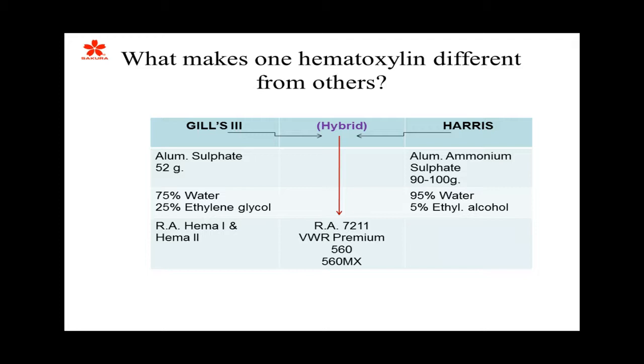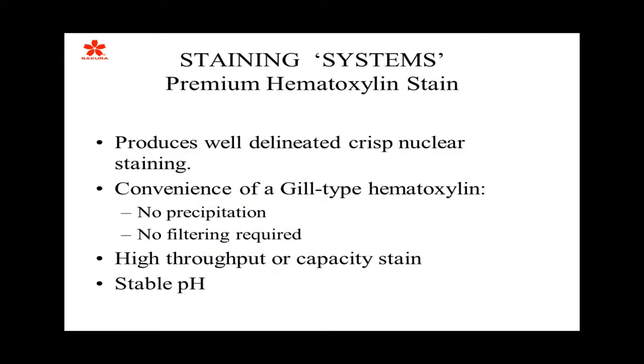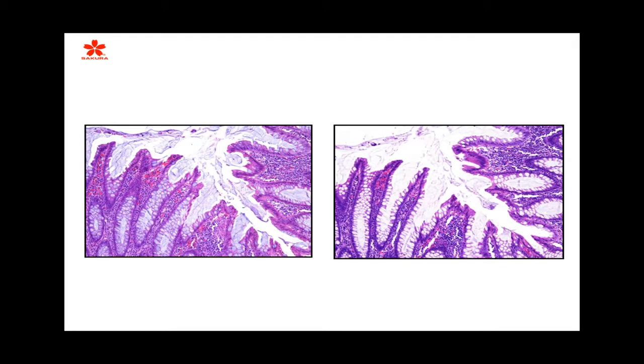Quite naturally, you'll eventually have to change them out, but if you're staining a high volume run, you won't get the diminishing of stain intensity in your nuclear detail. Staining systems produce well-delineated, crisp nuclear staining. The convenience of a Gills type hematoxylin is no precipitation, no filtering. These staining systems of hematoxylin give you high throughput and capacity and a stable pH.